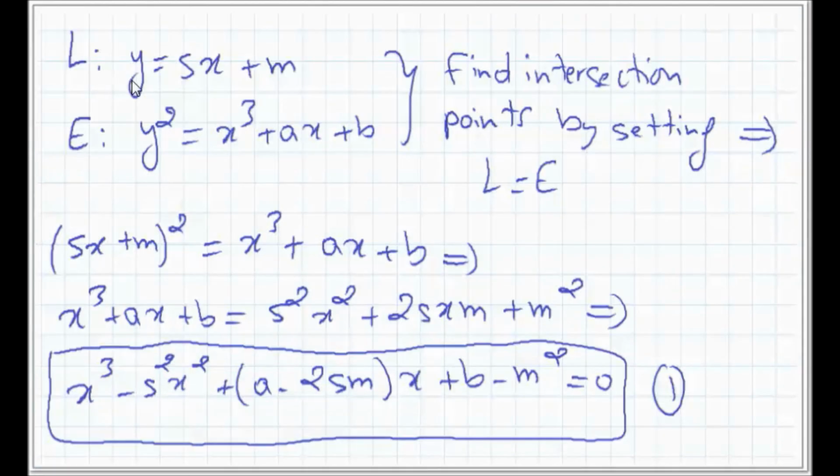So this is the equation of the line L: y = Sx + M. And this is the equation of the elliptic curve: y squared = x cubed + ax + b.